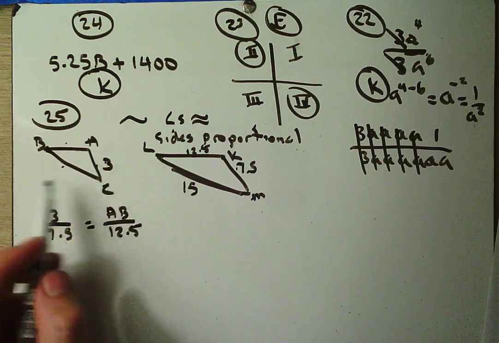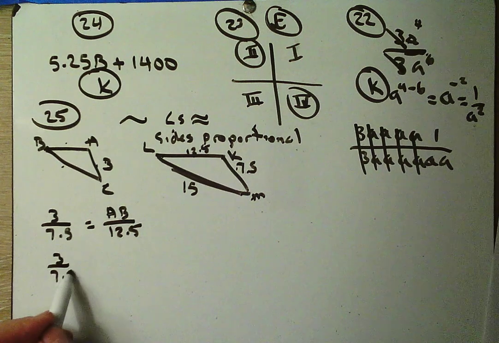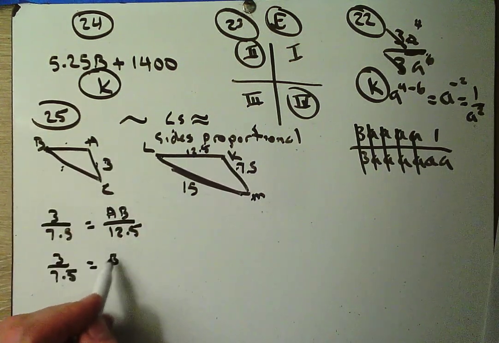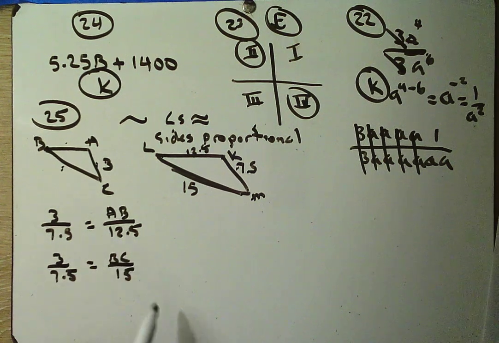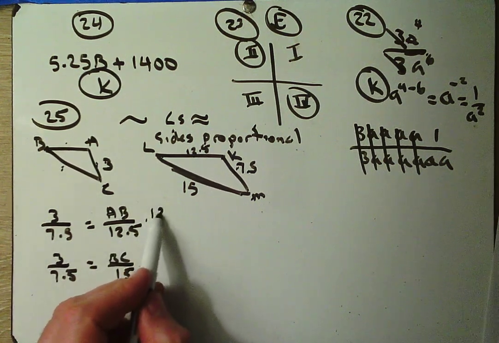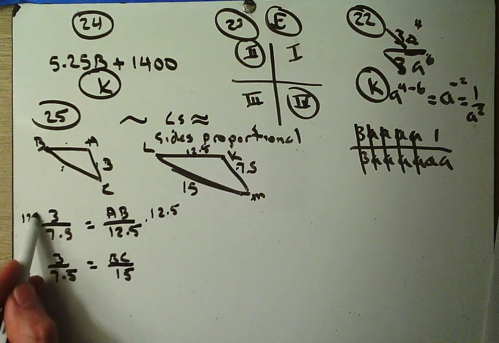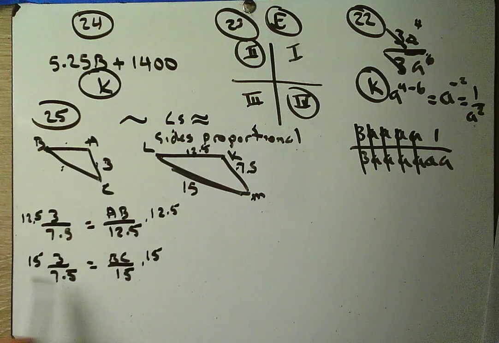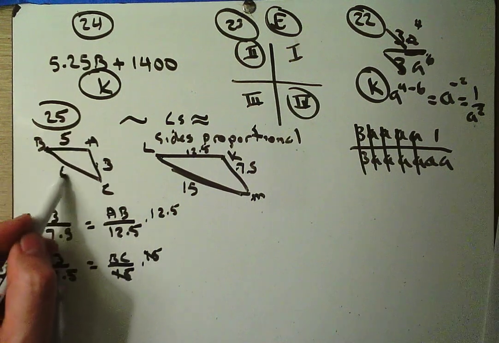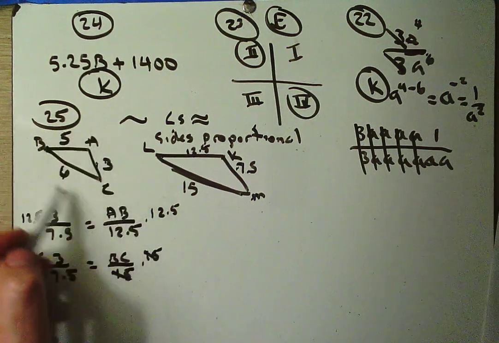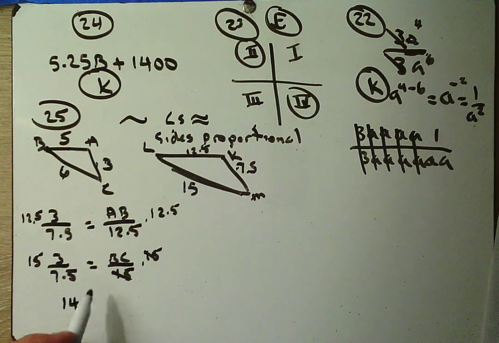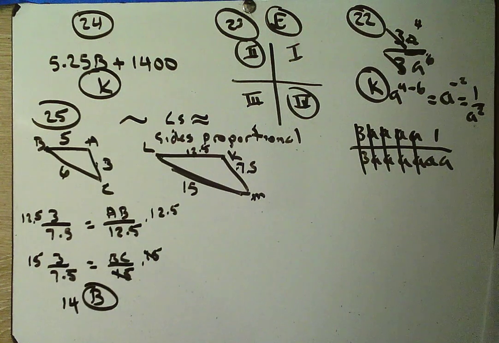And I could set up another proportion using 3 is to 7.5, this is to this, as BC is to 15. So I need to solve each of these equations. I'm going to multiply both sides by 12.5. And here I'm going to multiply both sides by 15. I'm going to get 5 here and 6 here. And so the perimeter is what I get when I add up all the sides. I end up with 14 as my perimeter. And that's choice B for number 25.